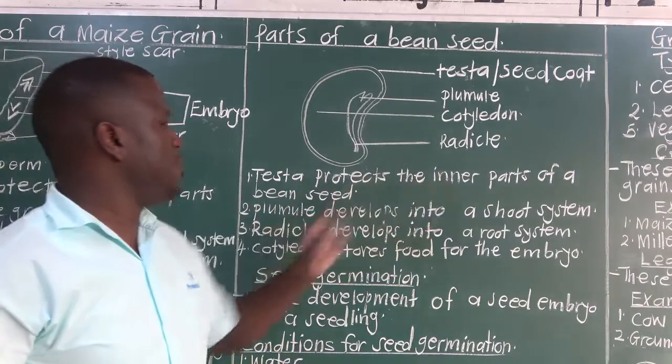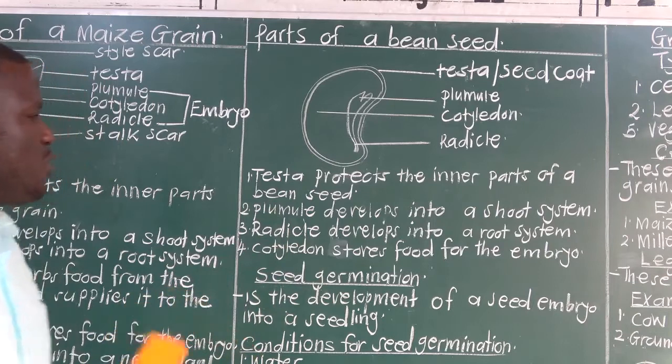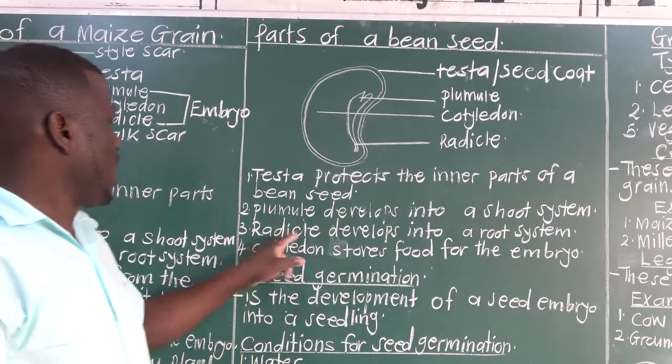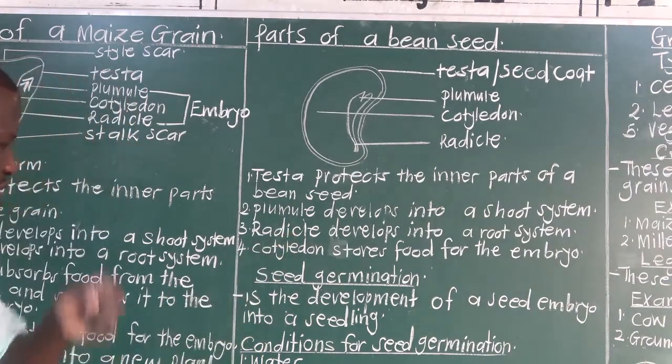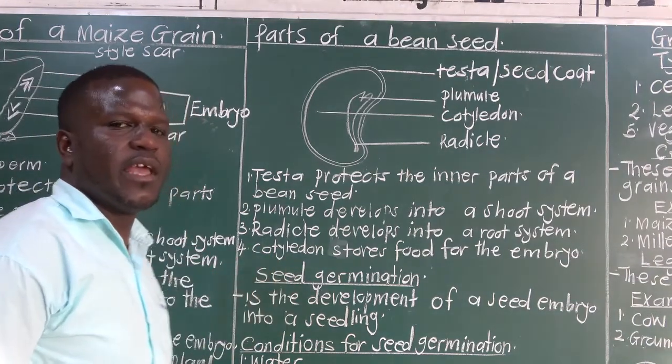Tester protects the inner parts of a bean seed. The plumule develops into a shoot system. The radicle develops into a root system. Then the cotyledon stores the food for the growing embryo.